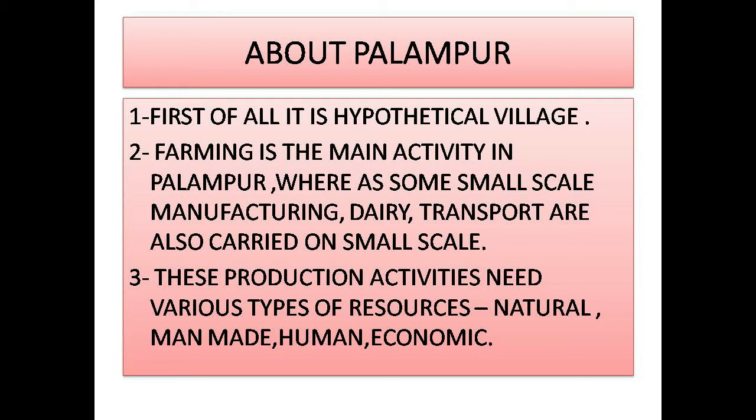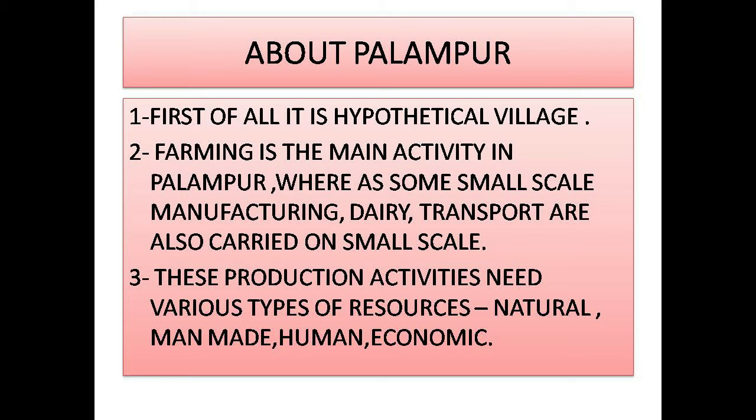Let us first talk about Palampur. First of all, it is a hypothetical village. Hypothetical means imaginary, something which is not real but we have imagined it to understand some other concept. Okay, farming is the main activity in Palampur, whereas some small scale manufacturing, dairy, transport are also carried on small scale.